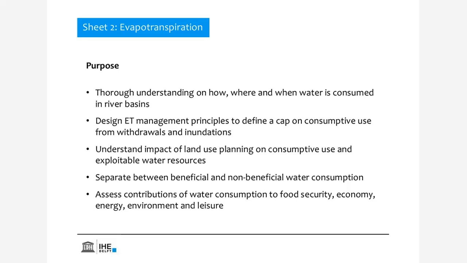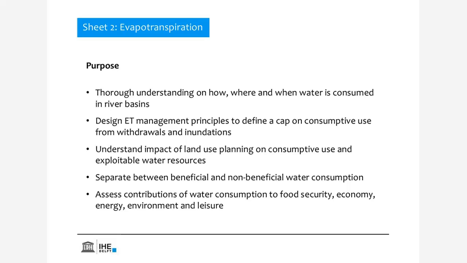It can help to design some ET management principles for our integrated water resources management plans, to make a cap on consumptive use and withdrawals. We also want to use it to understand the impact of land use planning, because land use has a considerable impact on the consumptive use and exploitable water resources.